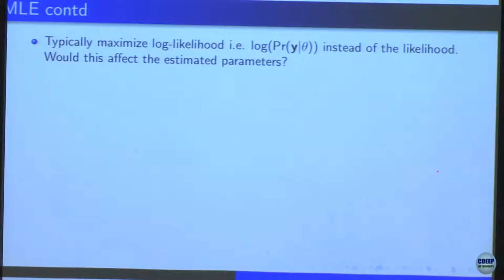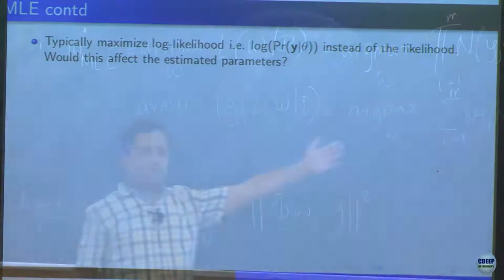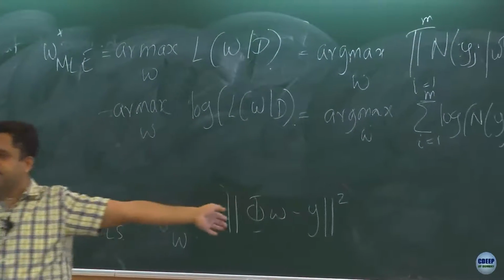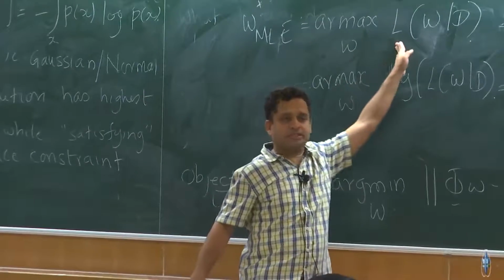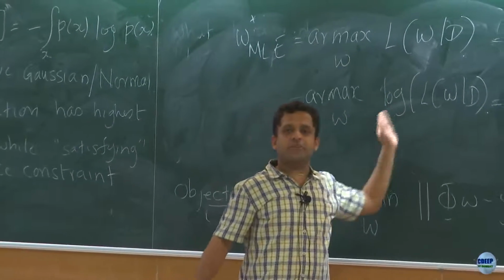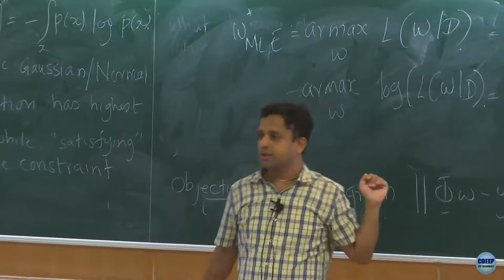A log of a product will become a sum of logs. So my claim is that this is the same as argmax of the log of the likelihood, which turns out to be argmax of the sum over the examples of the log of the normal distribution. So the question is, is this correct? Can I just equate saying that the W that maximizes likelihood is the same as that which maximizes the log of the likelihood?